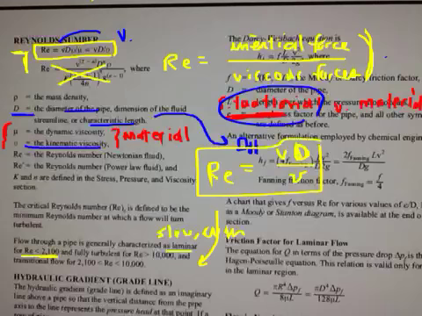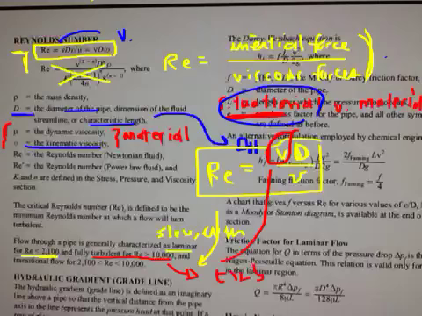And you get turbulent flow in the case of the Reynolds number exceeding 10,000, and that is when the inertial forces represented by the velocity, really, velocity is the big term, those dominate the viscous forces, and you get turbulent flow.